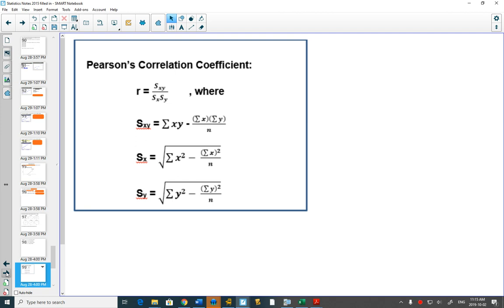It's important that if you were given the formula, you could work with them. So to know what this is: a sum of x times y, a sum of x squared, a sum of x all squared. And we had used some of these values already when we were figuring out the slope of our regression line.